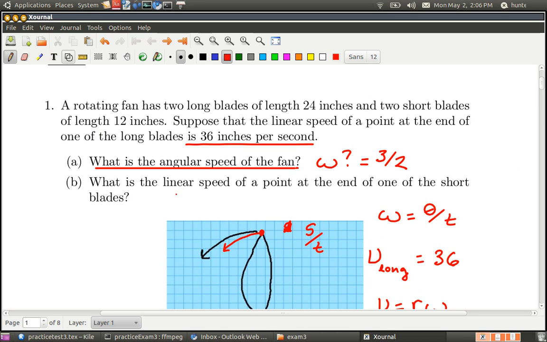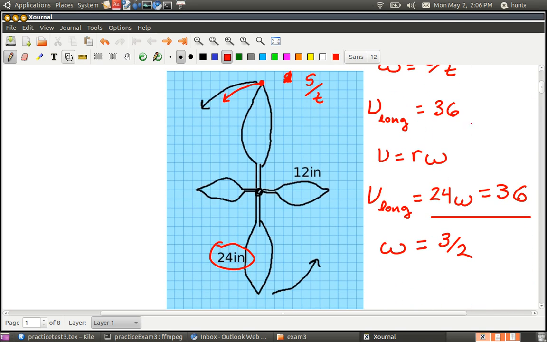And now let's take a look at part B here. It says, what's the linear speed of a point at the end of one of the short blades? So now we're going to think about what the linear speed is for this one. What do we know? Now we know omega, and we also know this radius.